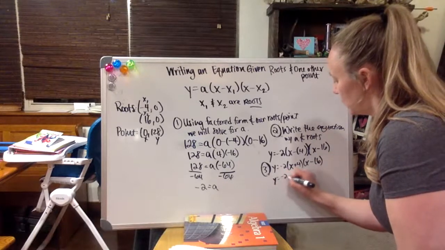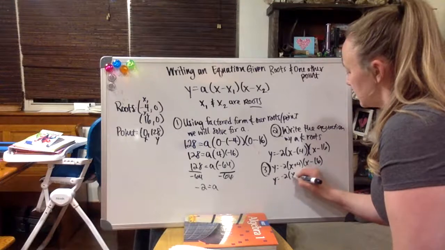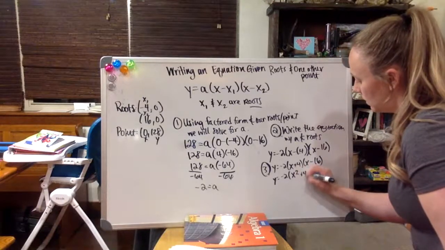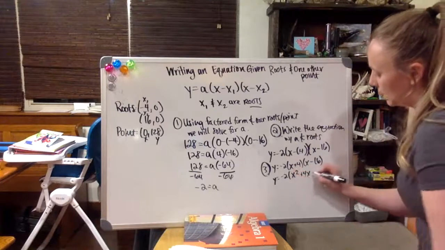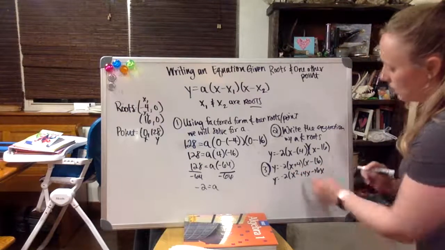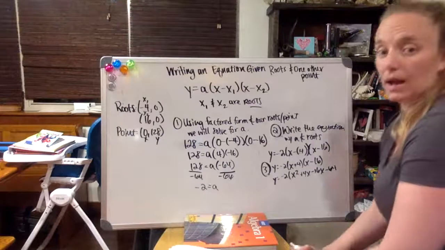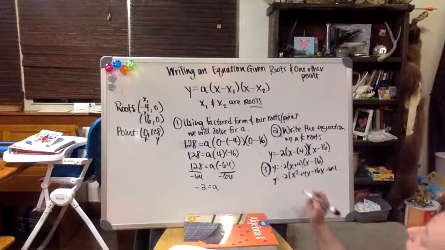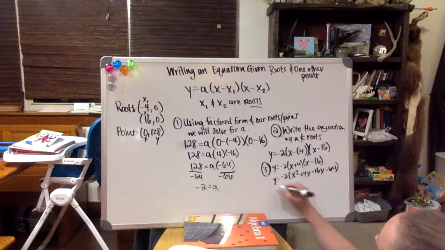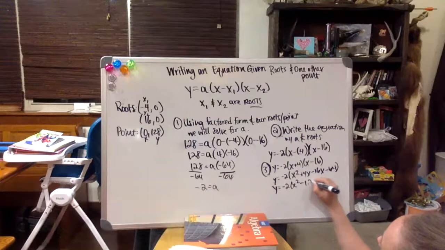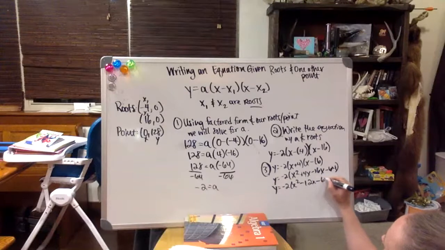Y equals -2 times (x squared plus 4x minus 16x minus 64). Y equals -2 times (x squared minus 12x minus 64).